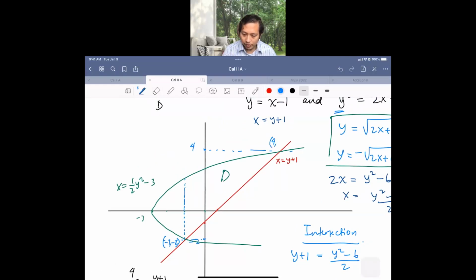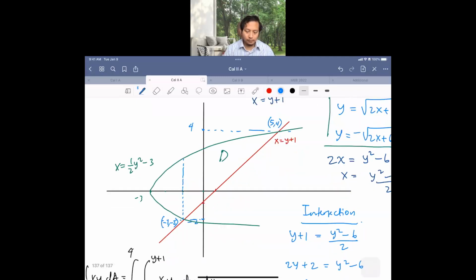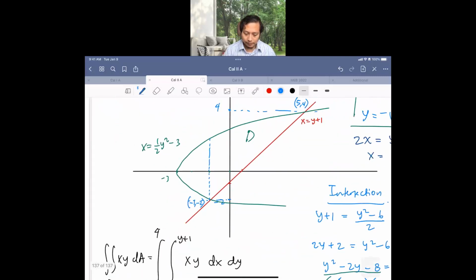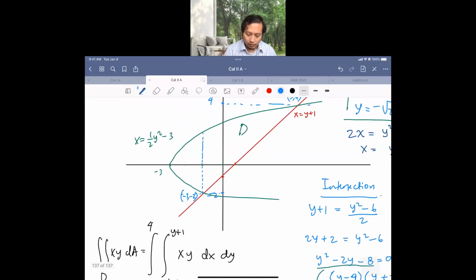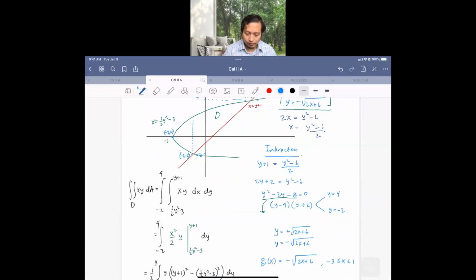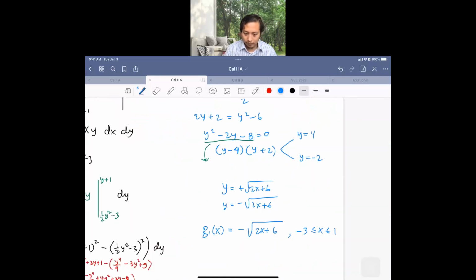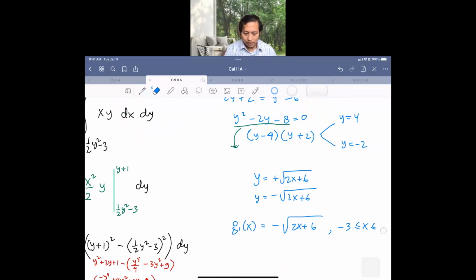Oh, sorry, 5, 4. And this will be 0, negative 3, 0. It's not 1, it's negative 1.